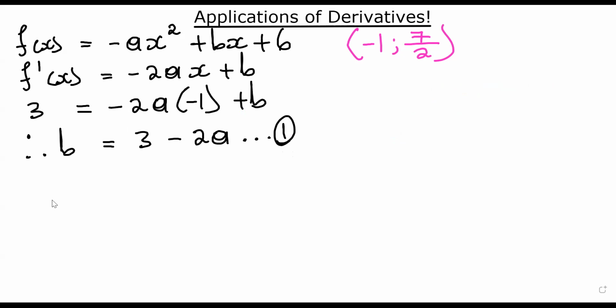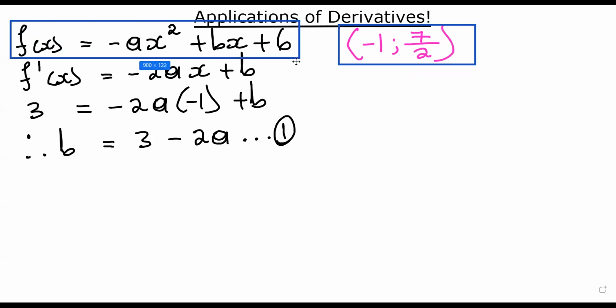Now the question is, where will you get the second equation? Well, you are going to use this point of tangency as a point that is lying on the function f.